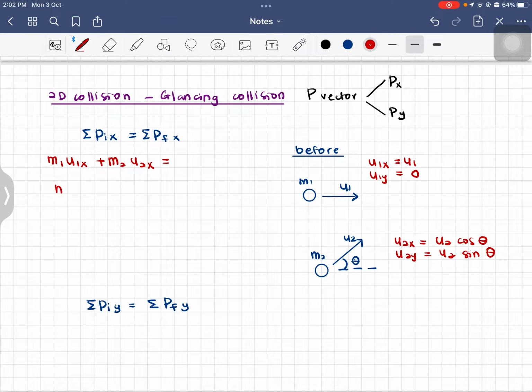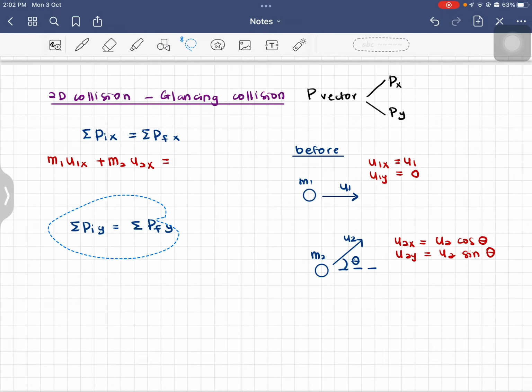Jangan buat M1 U1 plus M2 U2. Nanti walaupun you tahu tapi you letak macam ni, nanti takut you substitute masuk value jadi salah. So put it like this, and for your Y component, you akan dapat M1 U1y tambah dengan M2 U2y. Right, this one is 0 lah untuk situasi kita, tapi ada setengah situasi that's one ada value.